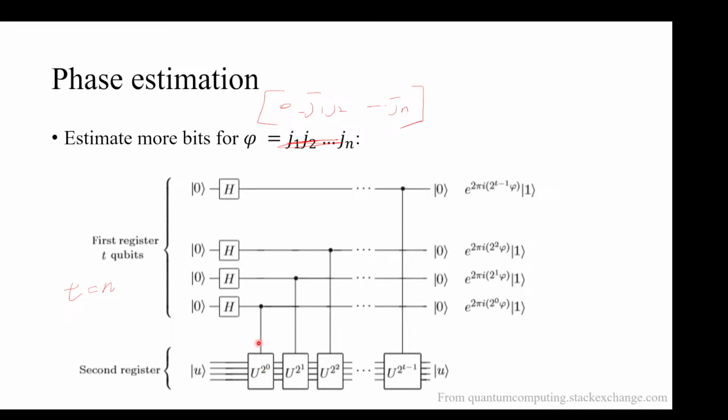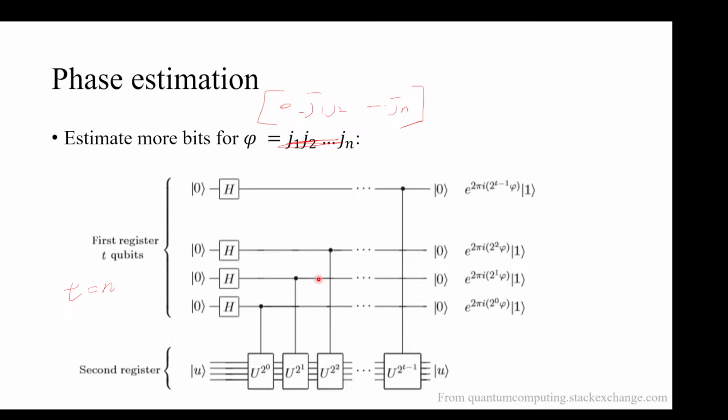So you have u to the 2 to the 0, and 2 to the 0 is equal to 1, so it's just u to the 1. Then you have u to the 2, then u to the 4, up to u to the 2 to the t minus 1. Each is controlled on a different qubit. I guess it starts from control on the last qubit, then the second last qubit, third last qubit, all the way to control on the first qubit.